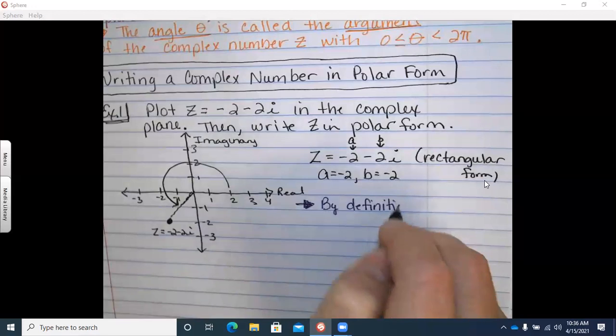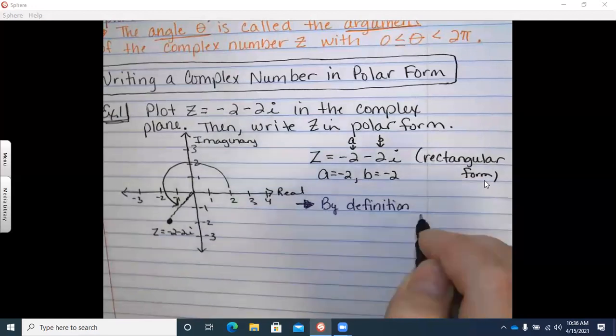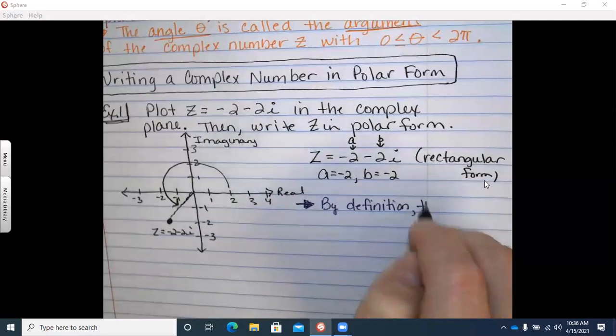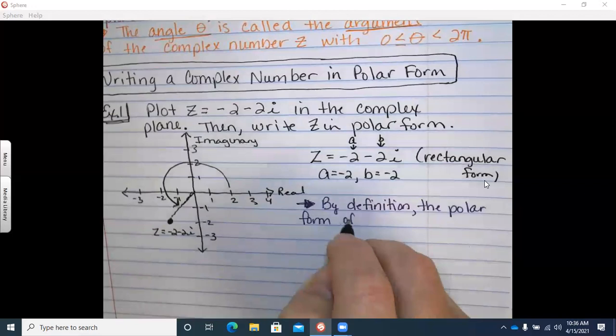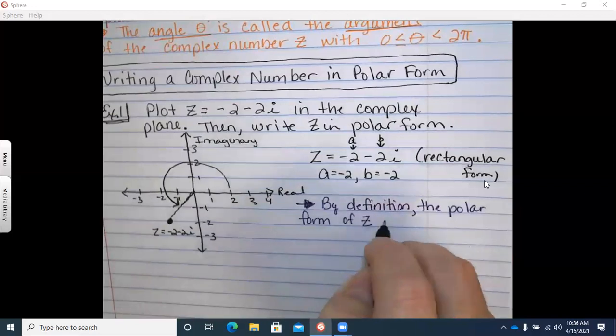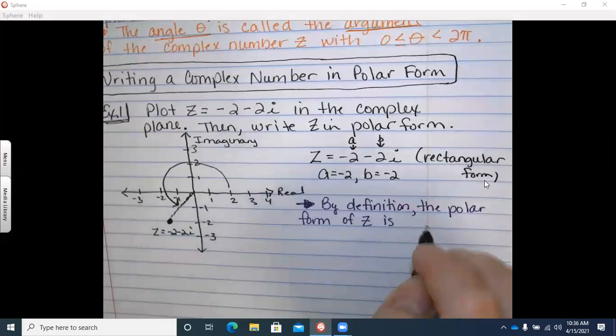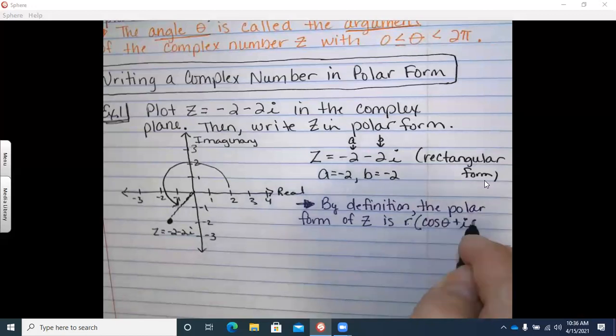By definition, the polar form of z is r, open parentheses, cosine theta plus i times the sine theta.